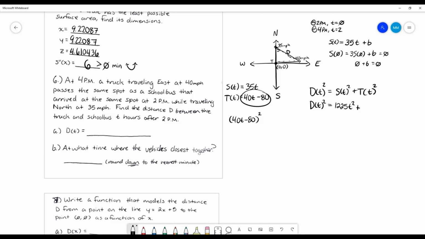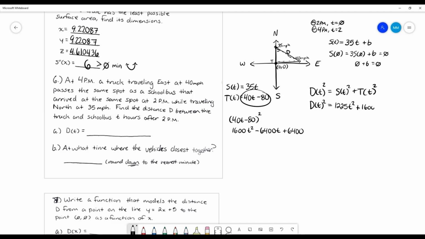It's going to be 40 times 40. That's going to be 1600 t squared. 40 times negative 80, minus this, plus this, I believe. I think that's right. If that's wrong, feel free to correct me, but I think that should be right.